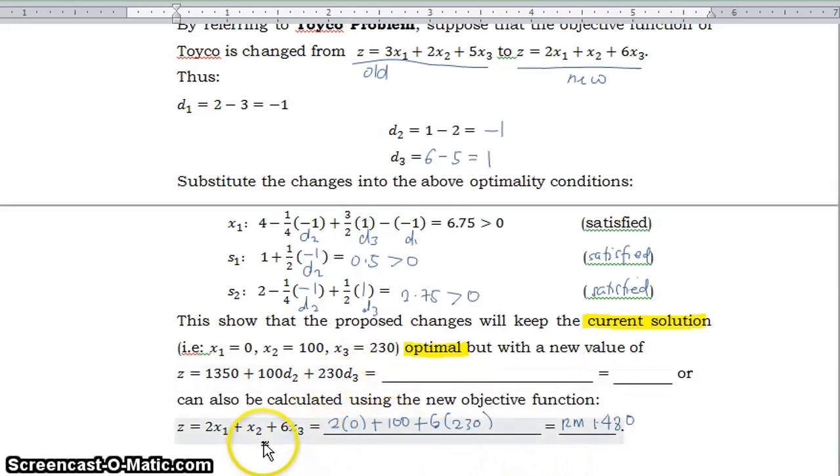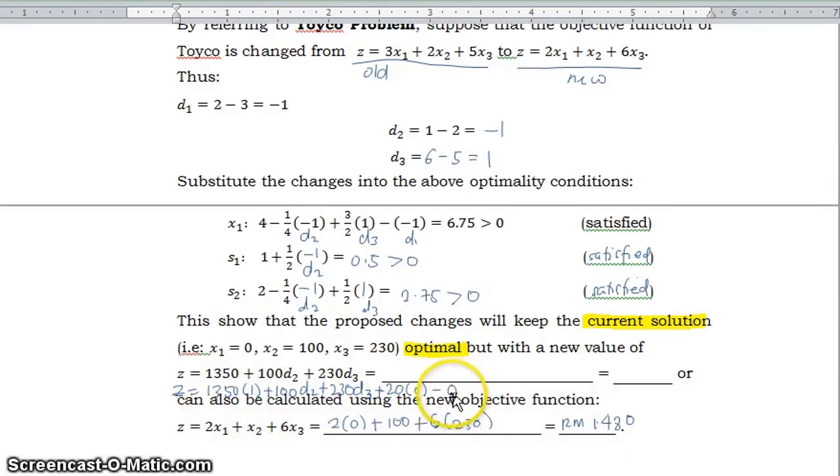We also can get the value of Z from the formula of reduced cost. From the modified optimal tableau, the equation of Z is 1,350 times 1 plus 100 times D2 plus 230 times D3 plus 20 times 0 minus 0.